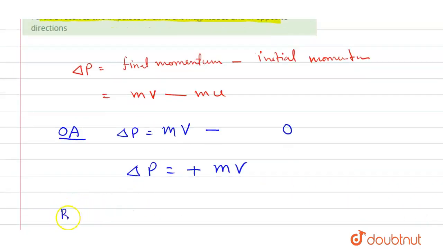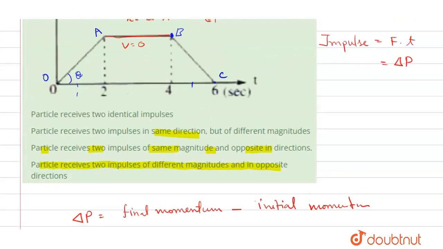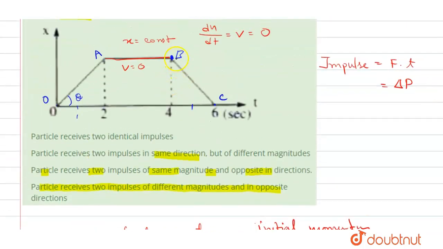Now from B to C, the initial velocity at B, suppose v, and it will come down to 0, since the position will be constant at 6 seconds.